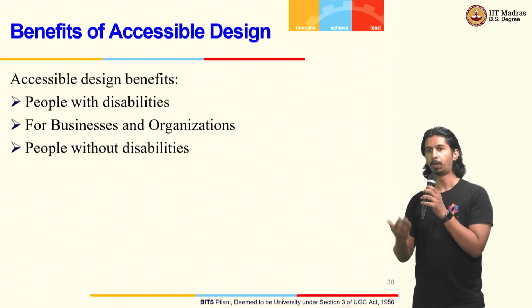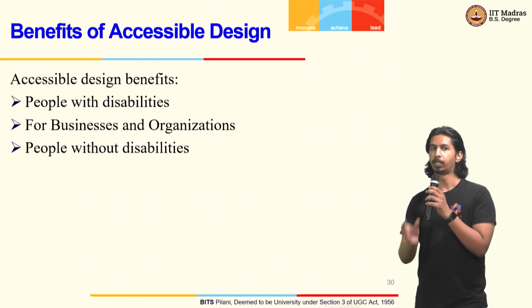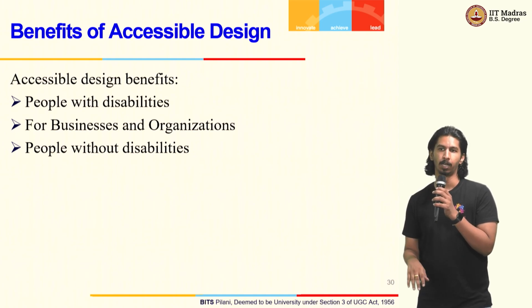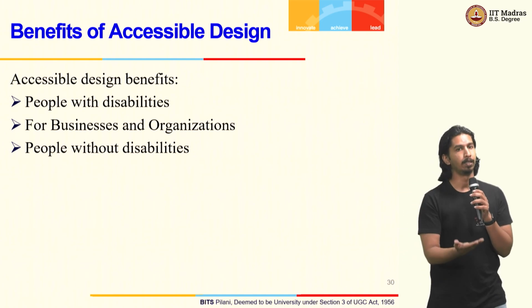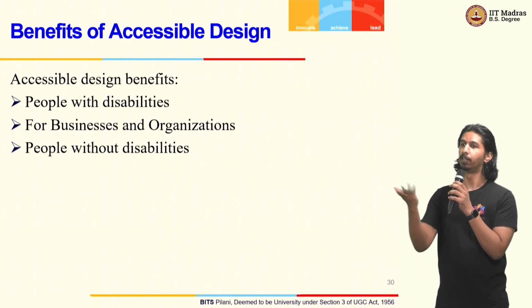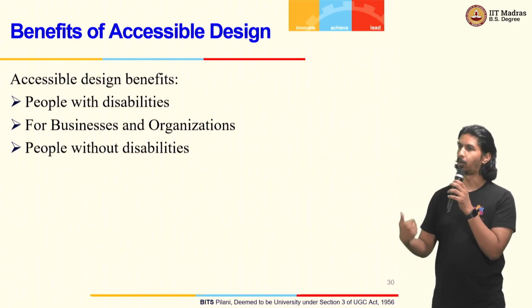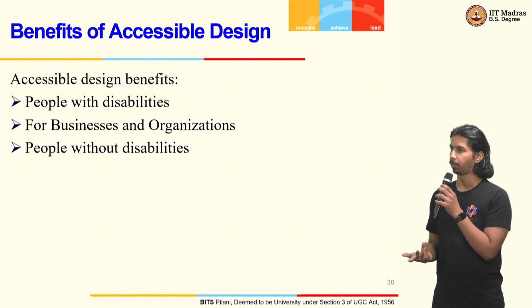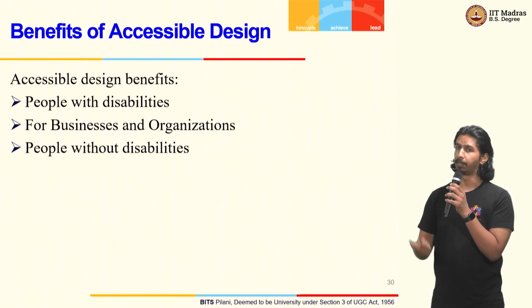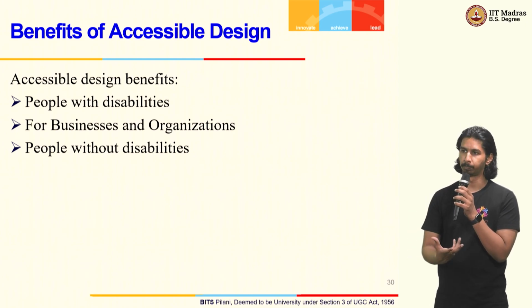If you are doing some HTML programming and you just have an image tag, visual users will be able to see the image, but the screen reader will not read anything. If you have not given any alternate text, it will not read, and the people who are using a screen reader will not perceive what is going on, right? So this is one small example. Like these, there are a lot of guidelines which are documented in the WCAG.